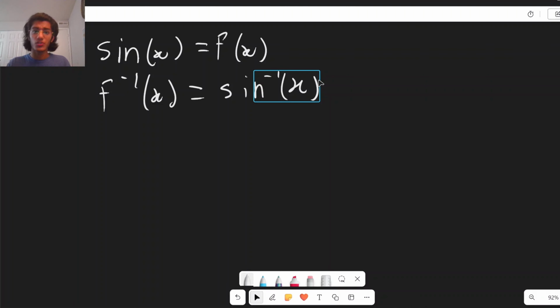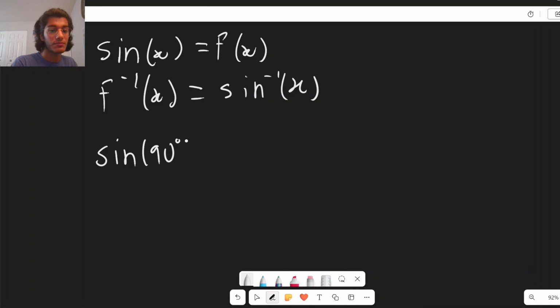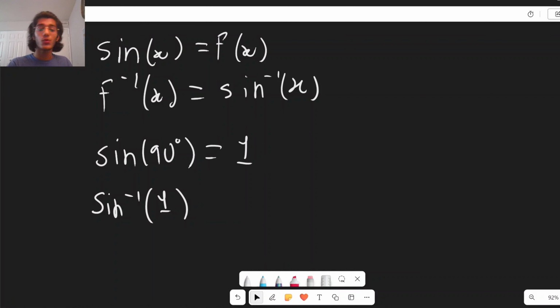Okay? So for instance, if I have sine of 90 degrees, sine of 90 degrees is just 1. Now if I were to do sine inverse of 1, then you would get out 90 degrees or pi over 2, depending on whether you're looking at degrees or radians.